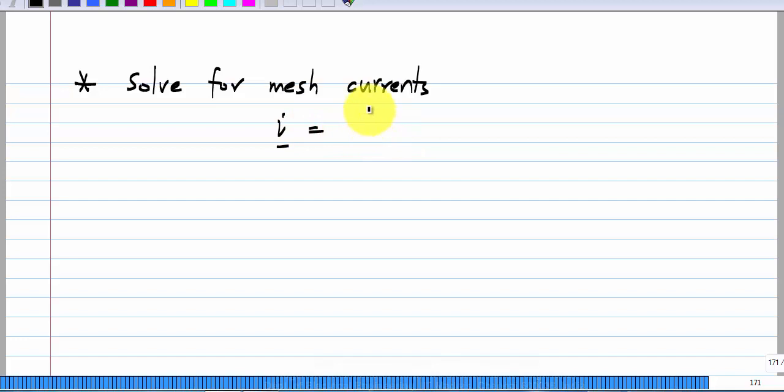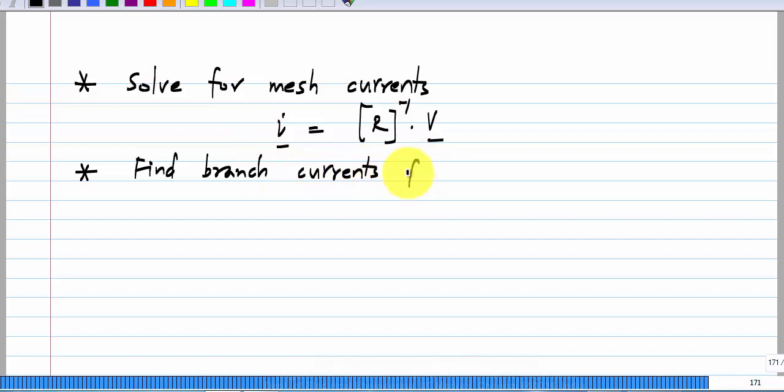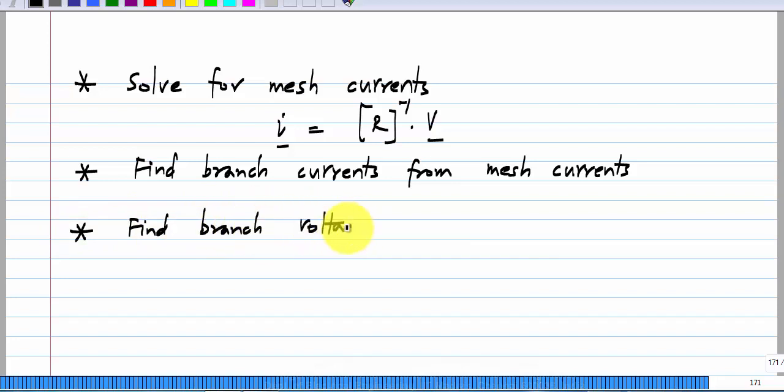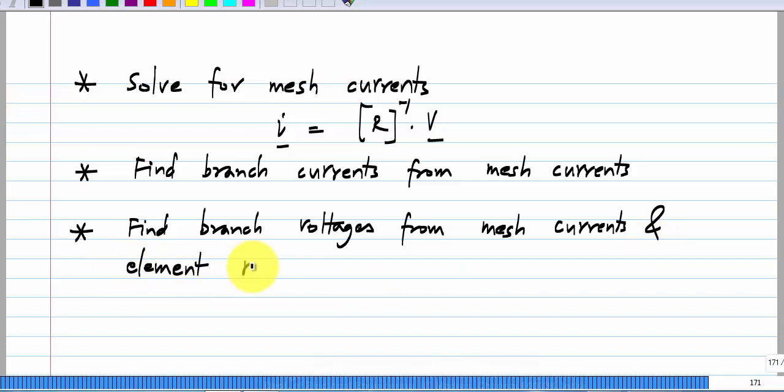The mesh current vector equals the inverse of the resistance matrix times the vector of sources, and you find all the branch currents from the mesh currents, and finally find all the branch voltages from the mesh currents and element relationships.